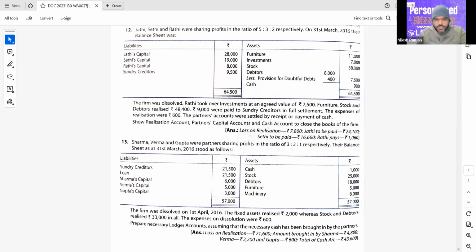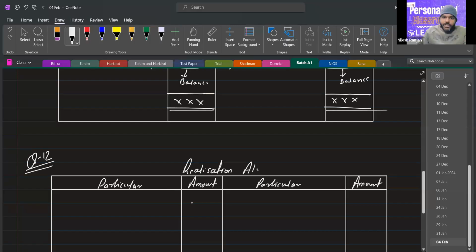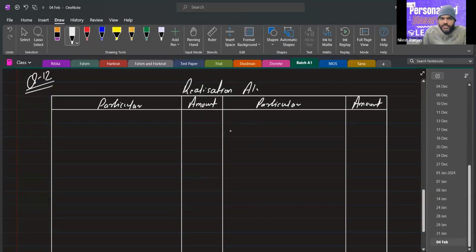Okay. So now the firm was dissolved. Rathi took over investment at an agreed value. First of all, we have to clear the balance sheet. So these three capital balances will go to the capital account. Creditors will go to the realization account, so we'll write here on the credit side by creditors, 9,500.